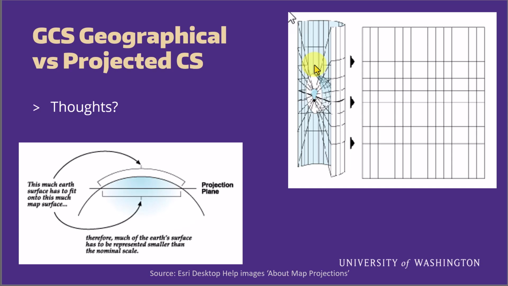And the same with the lines of longitude, the areas are stretched. So you can visualize the light going through a clear globe onto a piece of paper. And these distortions are what causes us a little bit of hassle in Arc Pro. And we have to utilize the correct projection so that we minimize that distortion.